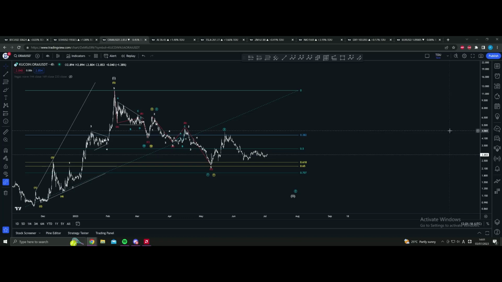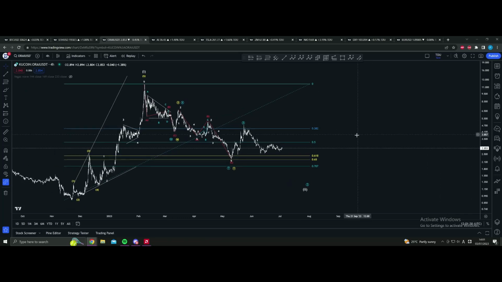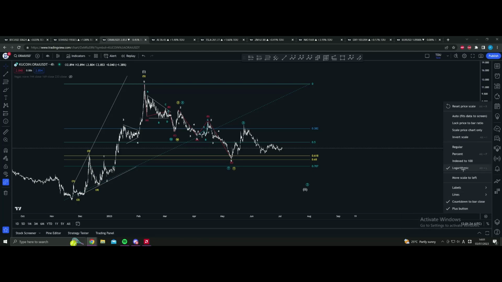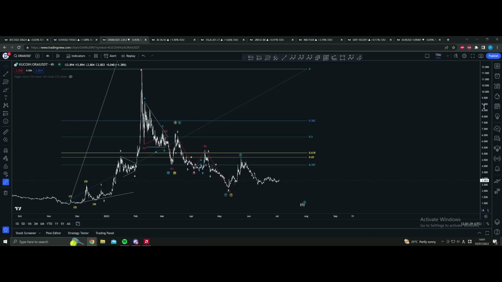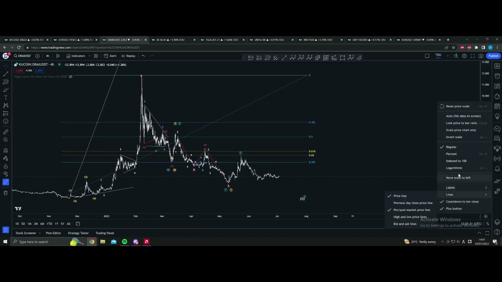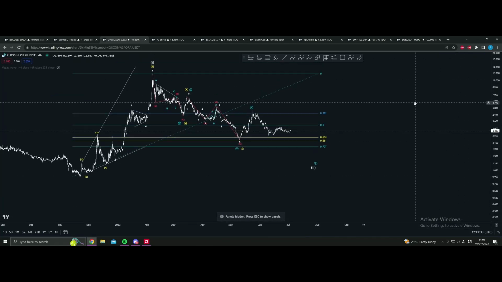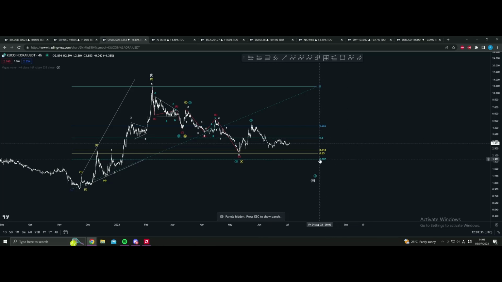But when it comes to leading diagonals, strong guideline says that, let's just do this quickly. Okay, guideline says that 0.